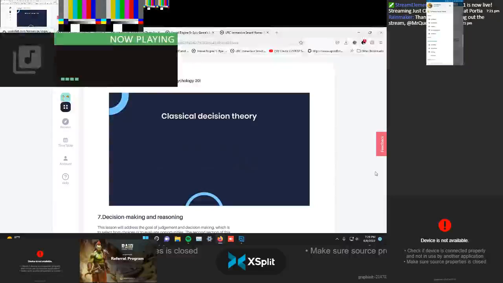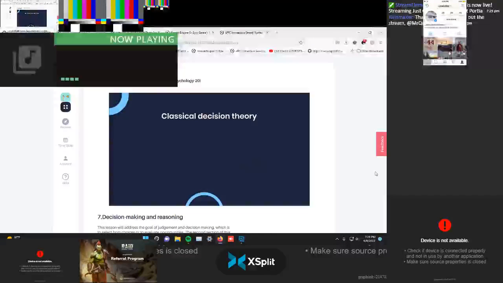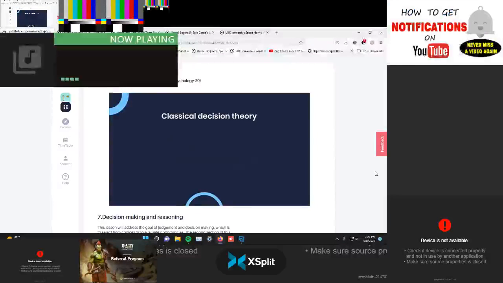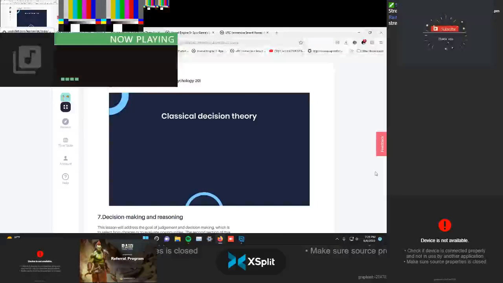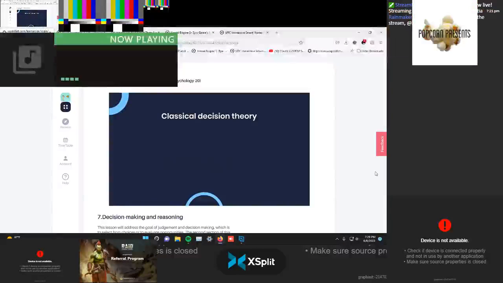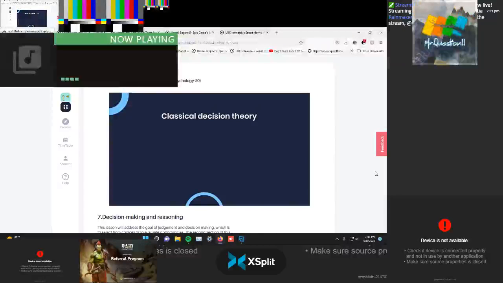The earliest models of how people make decisions are referred to as classical decision theory. Most of these models were devised by economists and statisticians and not by psychologists.